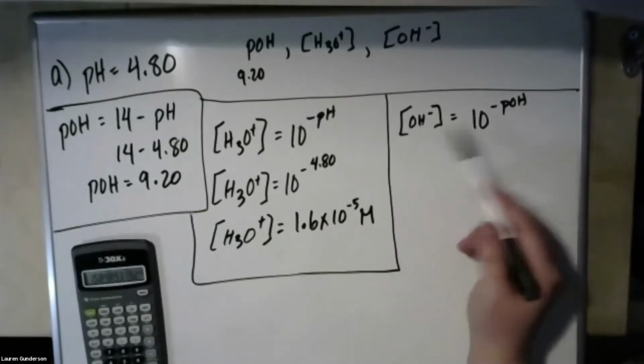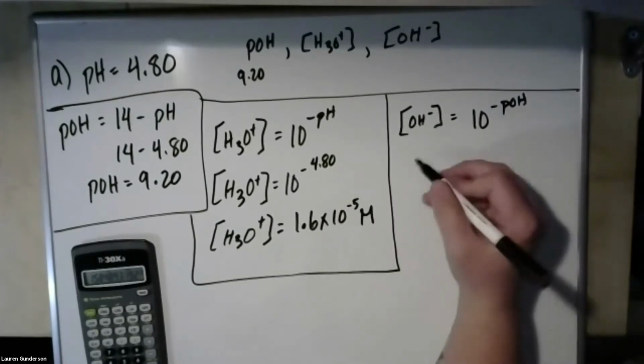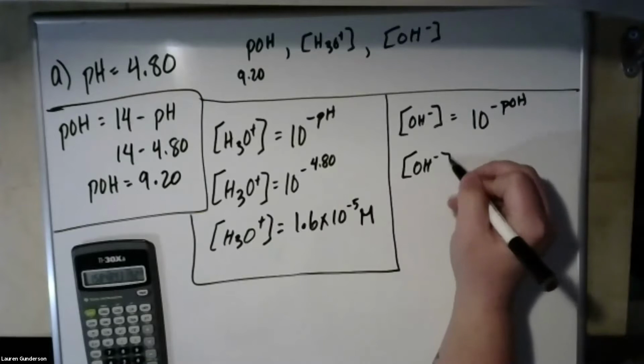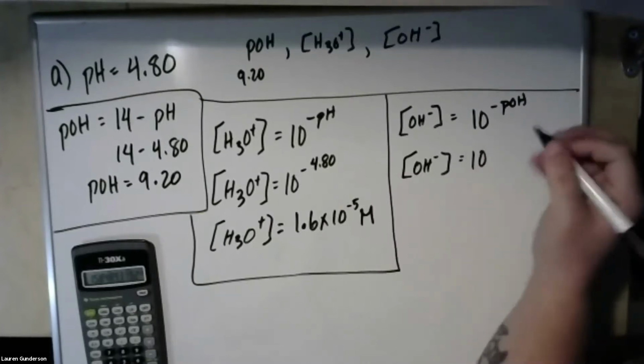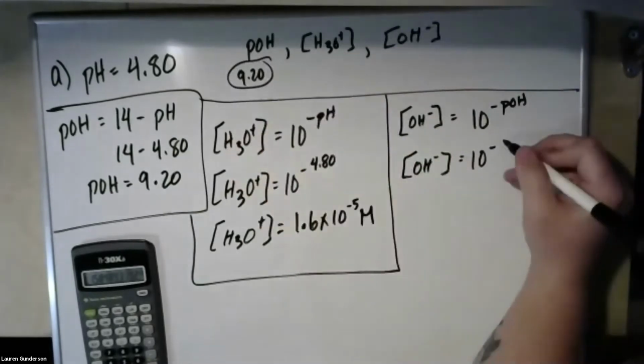So to find our hydroxide ion concentration, we're going to do 10 to the negative pOH. We found our pOH to be 9.20.